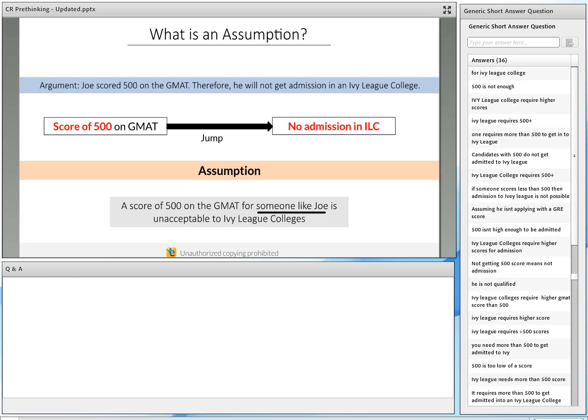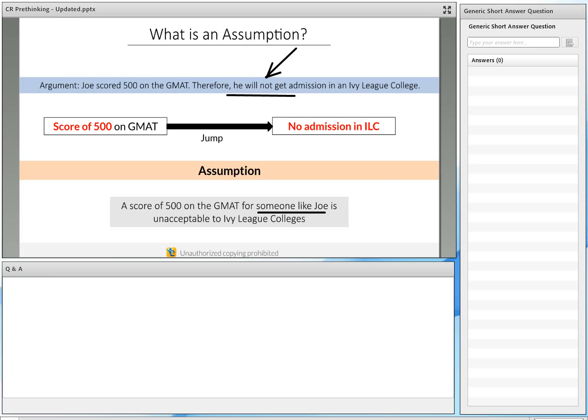Why? Because in the conclusion, the author is saying that he will not get admission into an Ivy League college. The author is not saying that the Prince of Saudi Arabia will not get admission. What he's saying is that Joe, as an individual, will not get admission. Is that clear, guys? The assumption has to be very closely tied to the conclusion.